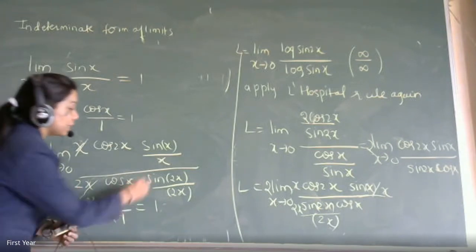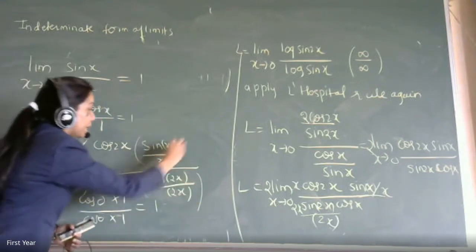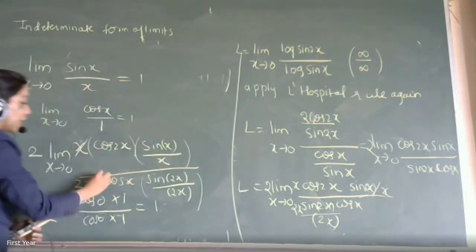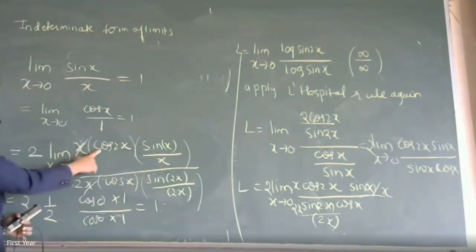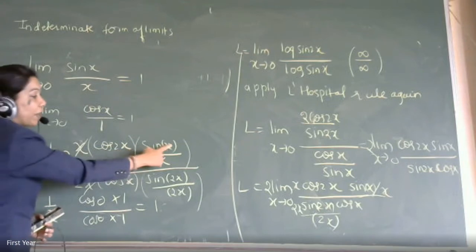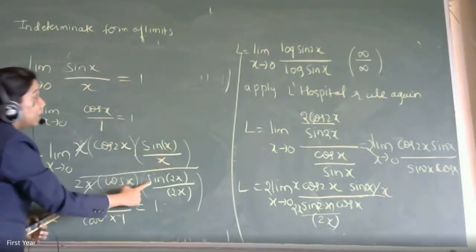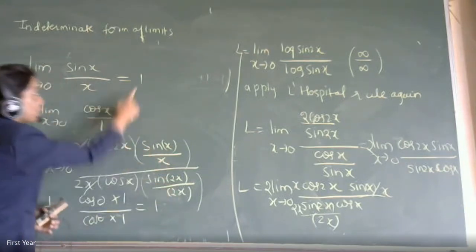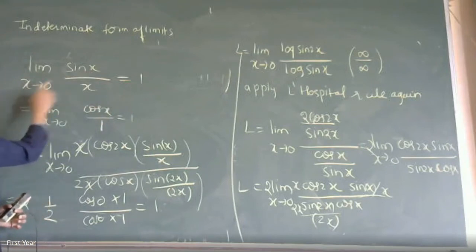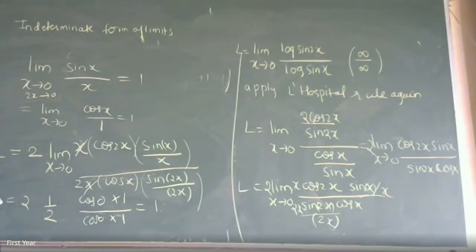Now I can apply the limit separately to this, this, this, and this. What will happen? Cos 0 is 1. Limit of sin x by x is 1. Limit of sin 2x by 2x is also 1, because x is going to 0, so 2x will also go to 0. Yes or no? Is that clear?